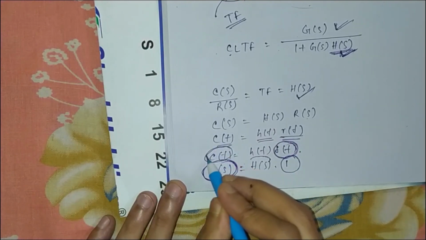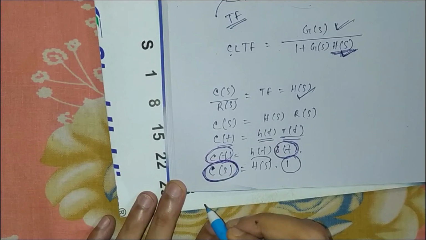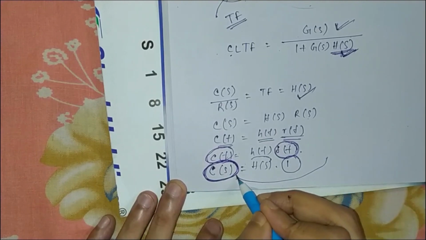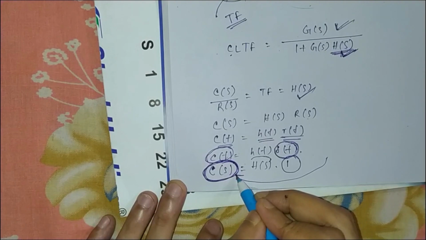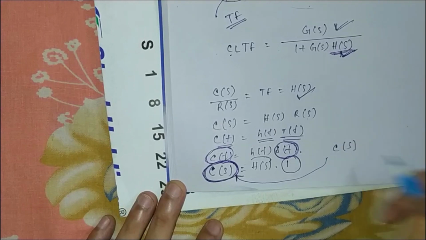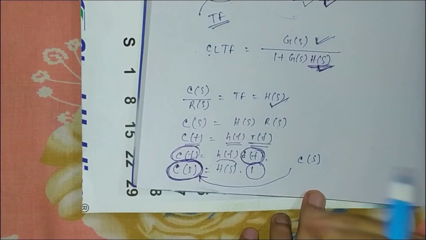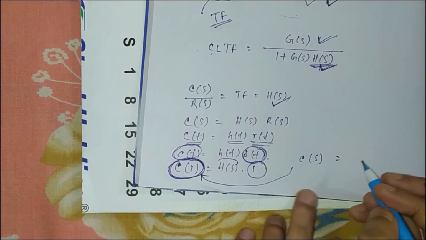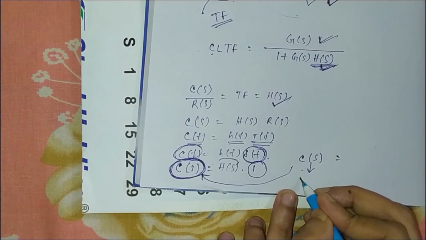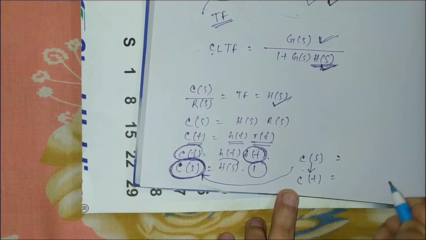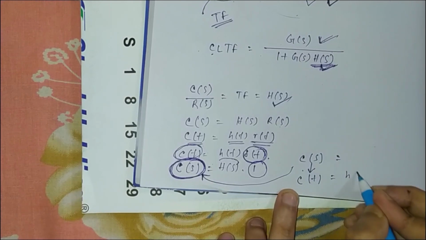So C of t in the time domain or C of s in the Laplace domain is my impulse response. If I do the inverse Laplace of this impulse response C of s, I will get C of t is equal to H of t.